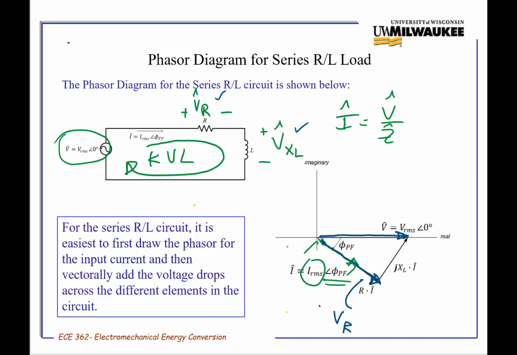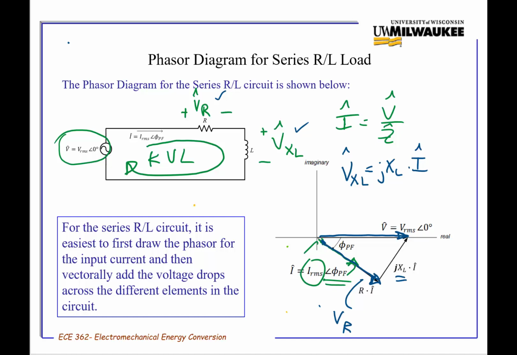Now the voltage across the reactor is a little bit more tricky because we have a reactive component involved. So what is the voltage across the reactor? It's going to be jXL, just as I'm showing down here, times the current phasor.